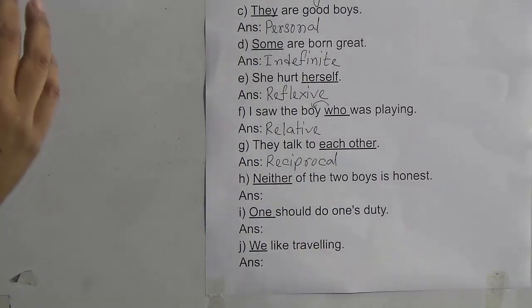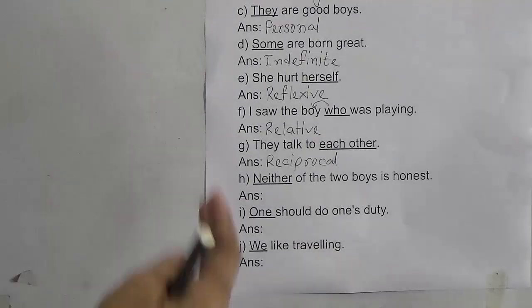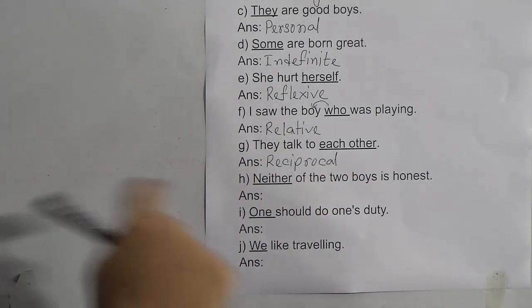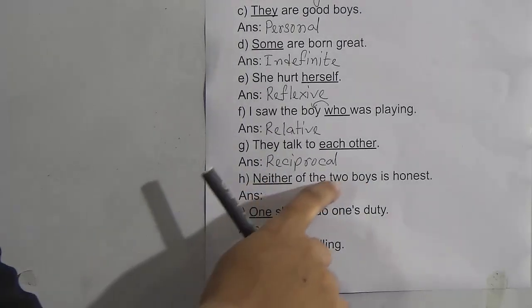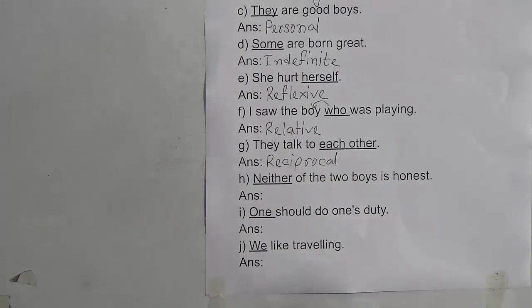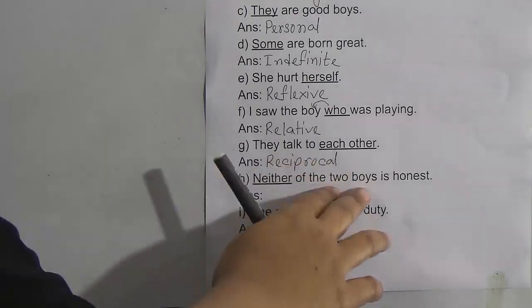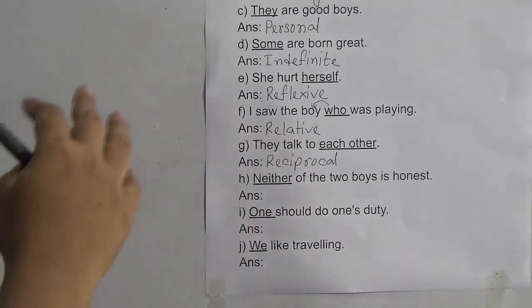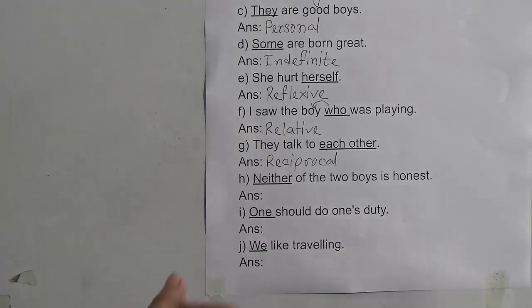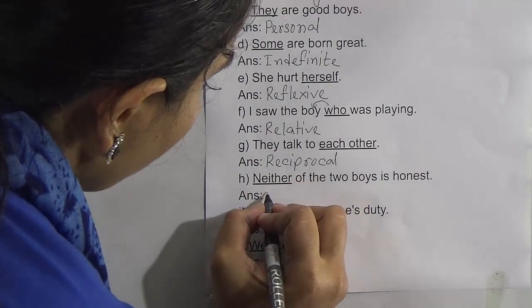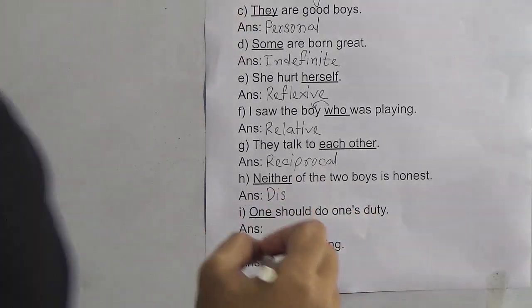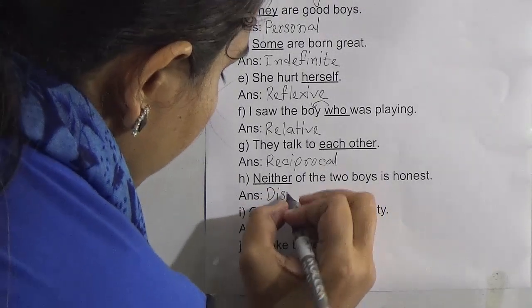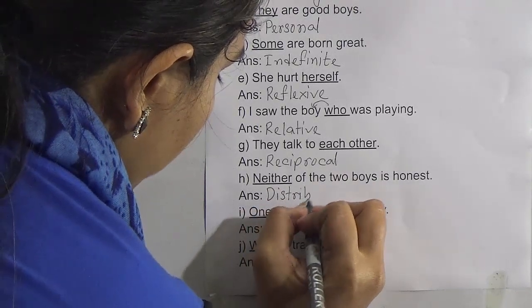We are talking about each and every single boy in this group, separately. The first one is not honest, the second one is also not honest. So it will be distributive pronoun. We separate the people from the group of people or things.